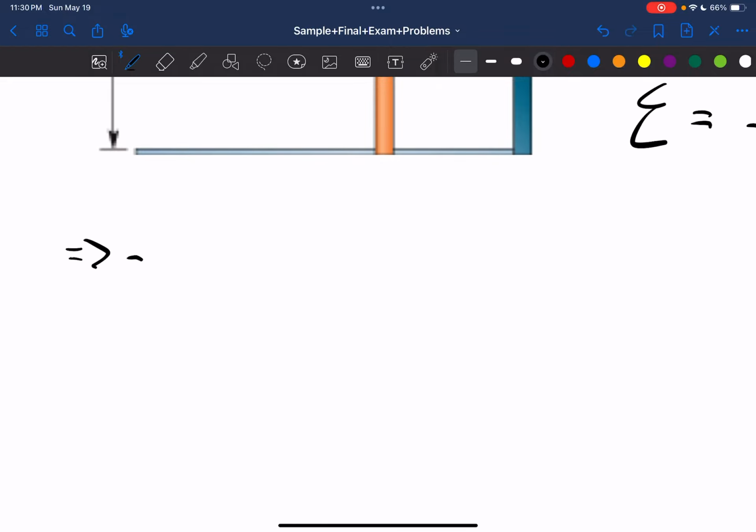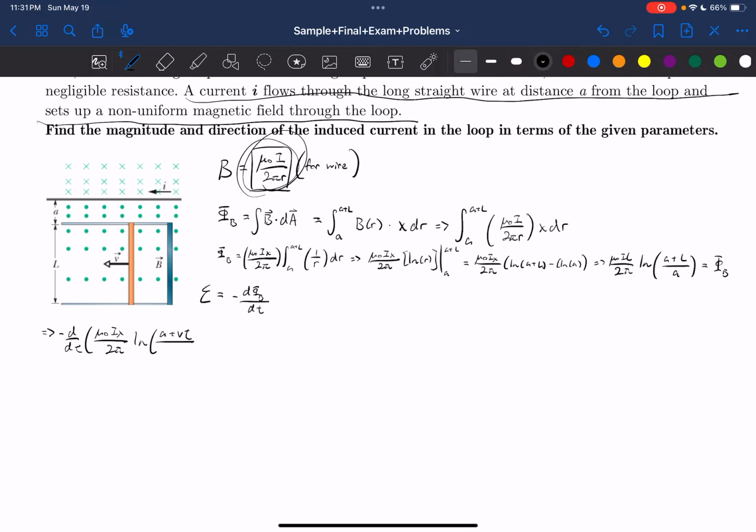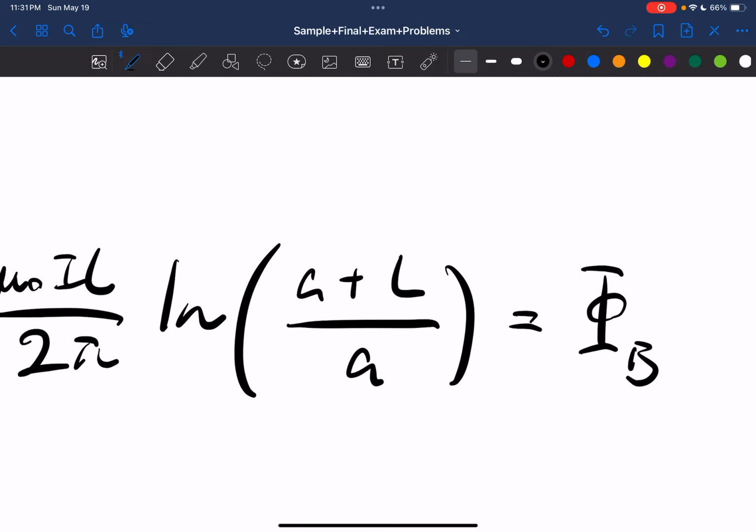So if you plug in phi, or the magnetic flux, we get mu naught I x over 2 pi ln of a plus, now instead of L, it's going to be vt. I believe I wrote L last time. Sorry about that. x.